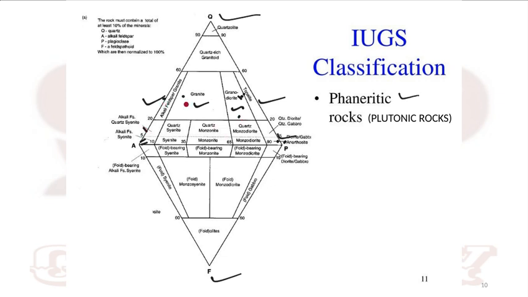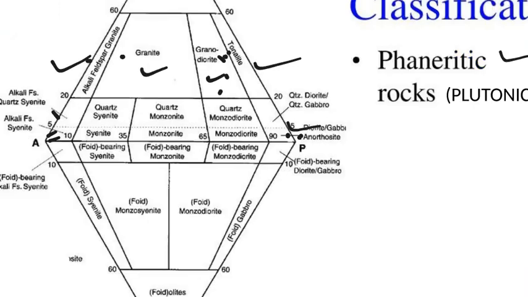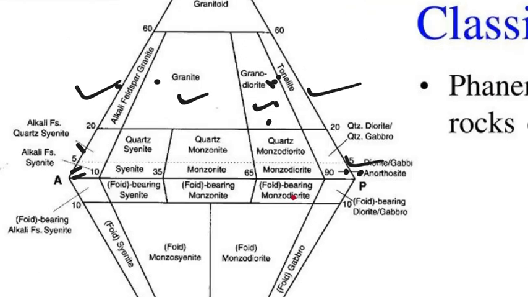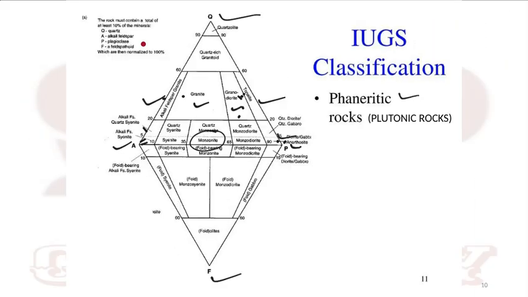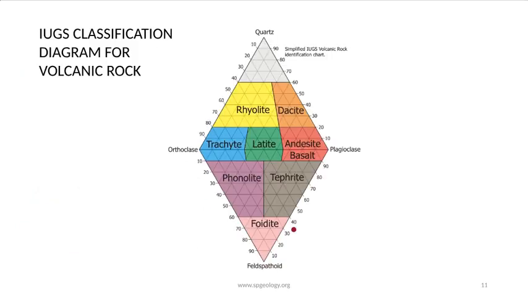Monzonite has both alkali and plagioclase in the same percentage. You have to remember this completely. This is the plutonic diagram, and that is the volcanic one.